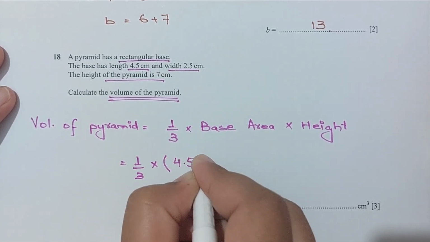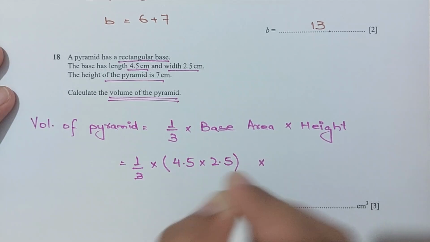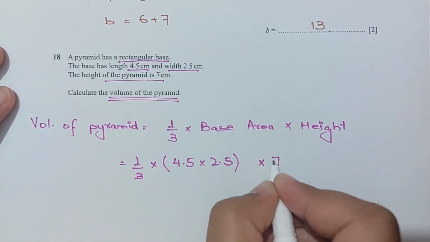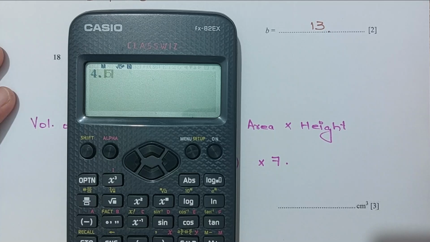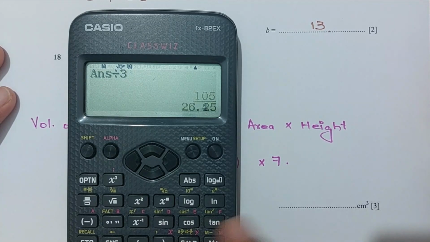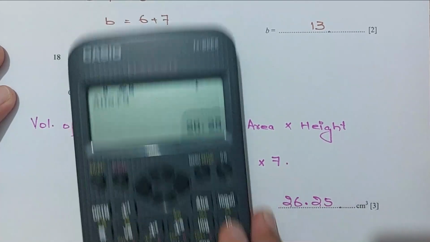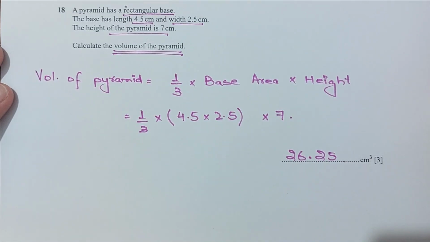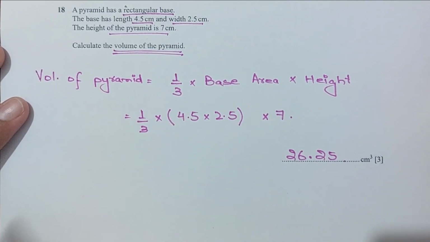Length is 4.5 and the width is 2.5, multiplied by the height of the pyramid, which is 7. Just simplify. So 4.5 times 2.5 times 7 divided by 3 is 26.25 cubic centimeters. You have to remember this formula to get the volume of any pyramid: 1/3 of the base area times height.